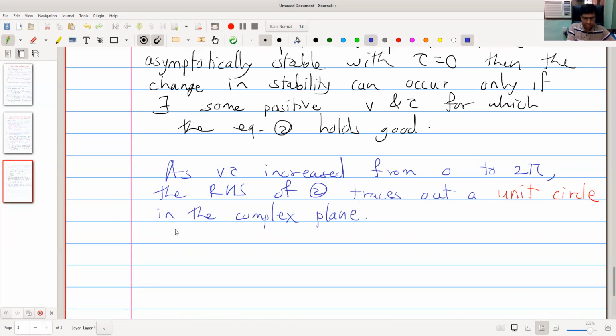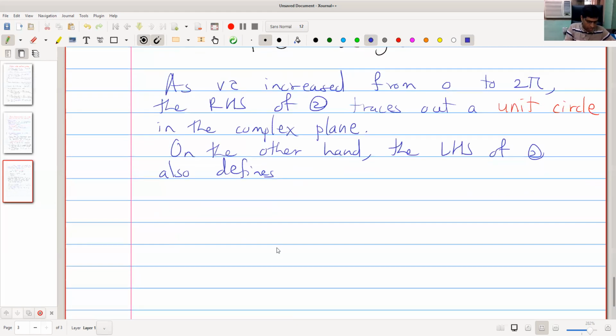On the other hand, the left hand side of equation 2 also defines a curve called the ratio curve.